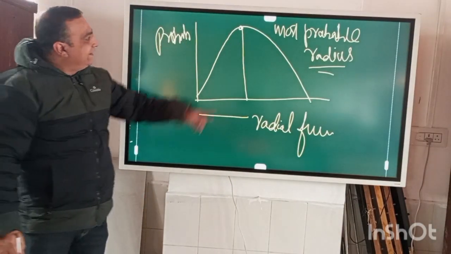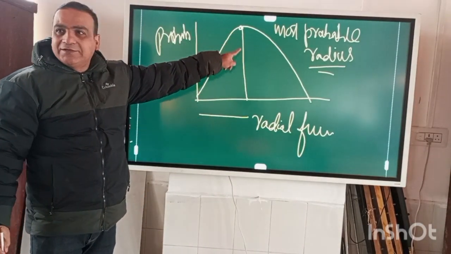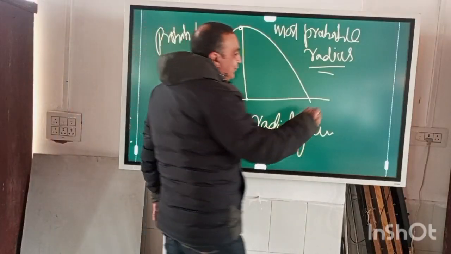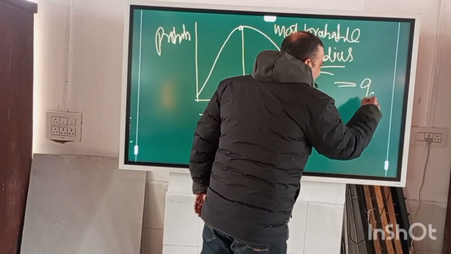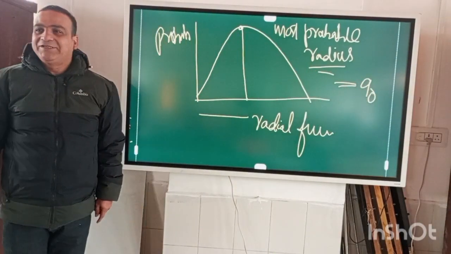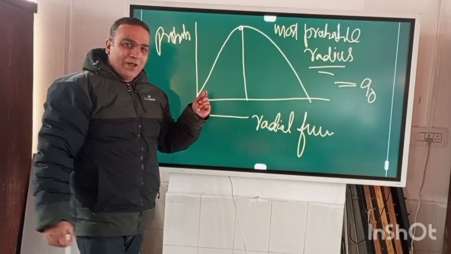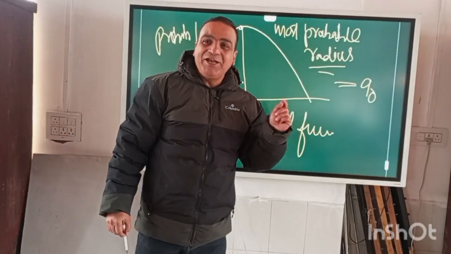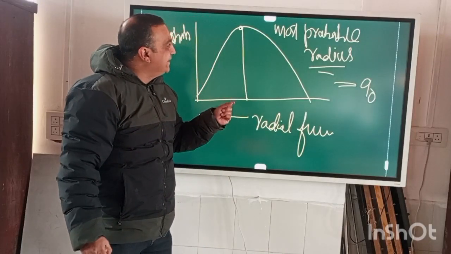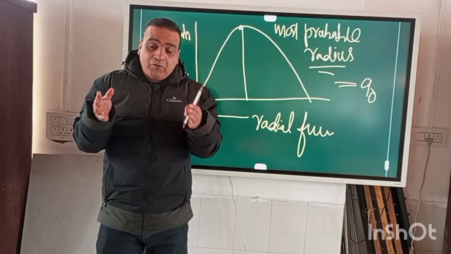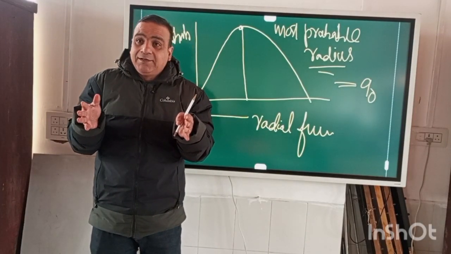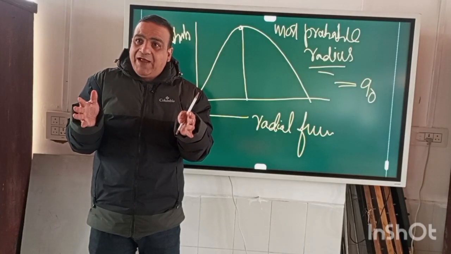And you know, this most probable radius is simply equal to Bohr's radius. Now see the genius of the man. Without using quantum mechanics, his predictions accurately match. Of course, I should say the Bohr model is not the right model to explain the behavior of the hydrogen atom.